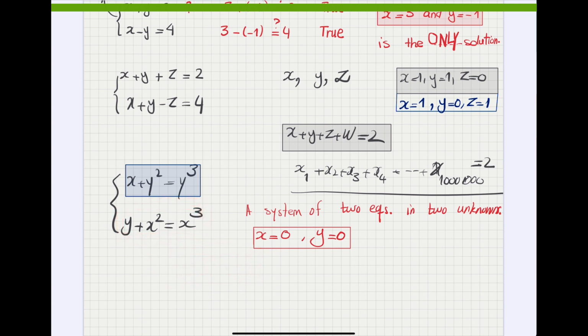But this is not always possible. If I ask you what is y, can you make y alone on one side? It's not easy at all because it's a third degree equation. So sometimes there is no way out of it. Sometimes we can change the implicit function to an explicit function. Sometimes we cannot.